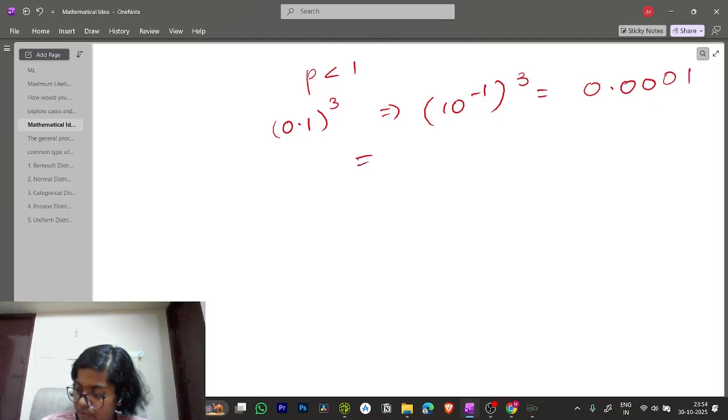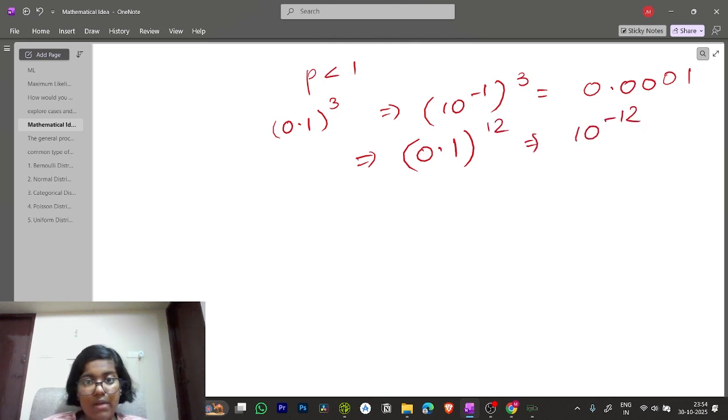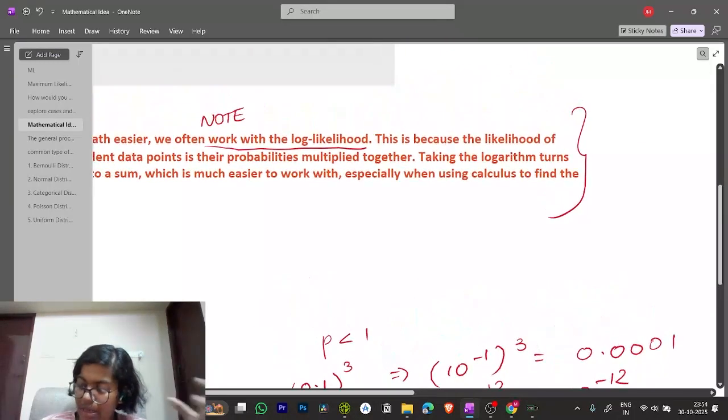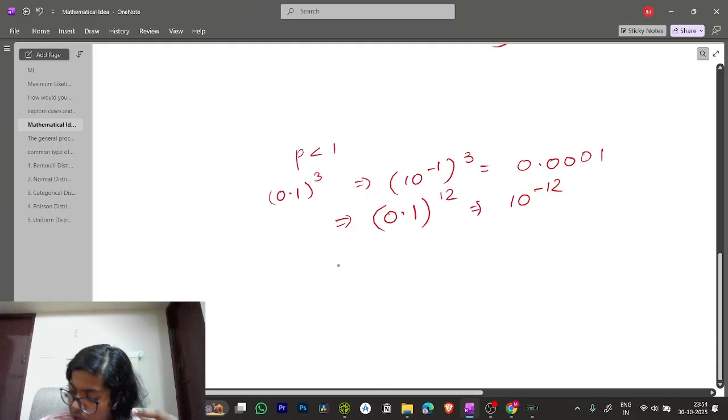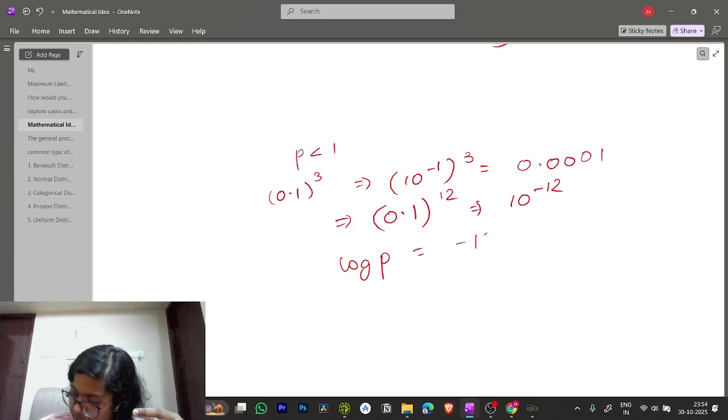If I have to do 0.1 to the power 12, that's going to be 10 to the power minus 12, which is a very, very small number. So to make the maths easy, we work with the log. Instead of P, if I work with log P, that will be minus 12 log 10, which is minus 12.